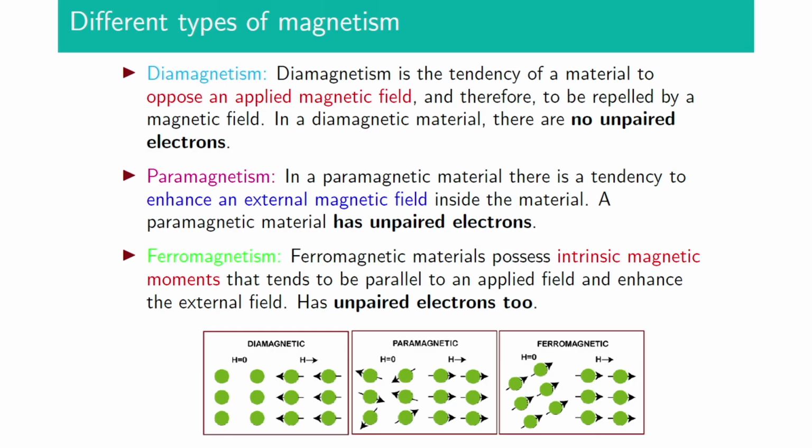Here we denote the magnetic field intensity by H, and when you put them in a magnetic field, there is development of a magnetic moment along the direction of the field. So, these are paramagnetic materials, and as said earlier they have a lot of unpaired electrons, and the same goes for ferromagnetic material. In the absence of a field, they have the magnetic moment pointing in a certain direction. If you expose them to an external field, then of course the magnetization takes place in the direction of the external field.